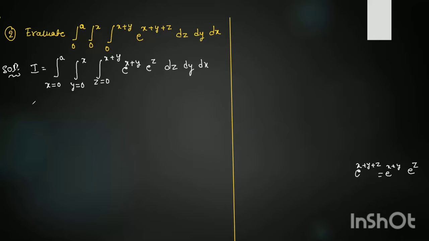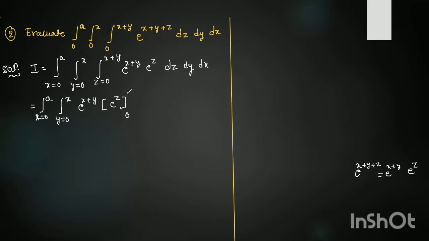Okay. So let us integrate with respect to z first. X equal to 0 to a, we are keeping as it is. Y is equal to 0 to x, we are keeping as it is. Now e to the power x plus y, we are keeping as it is because it is a constant. E to the power z integration is e to the power z itself.